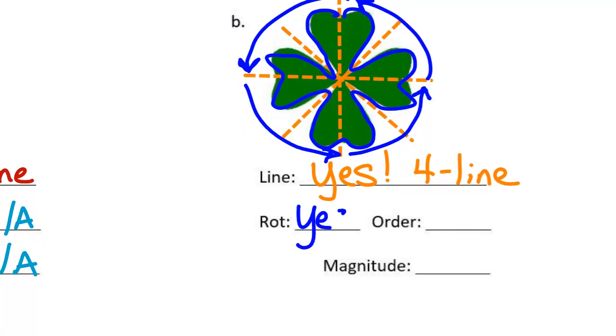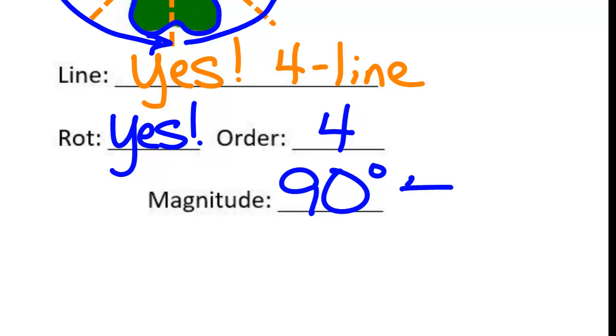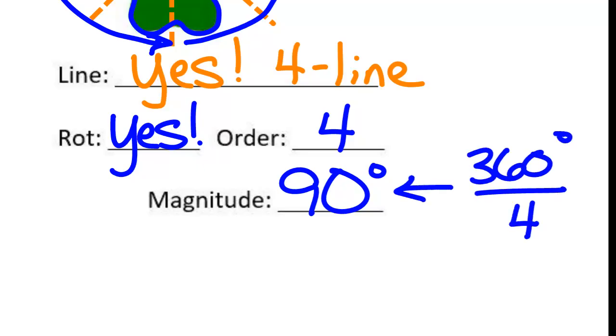So yes, we have rotational symmetry of order 4. What would the magnitude be? What would it be? 90. How do we find the magnitude again? We divide it. We do 360 divided by the order, divided by 4.